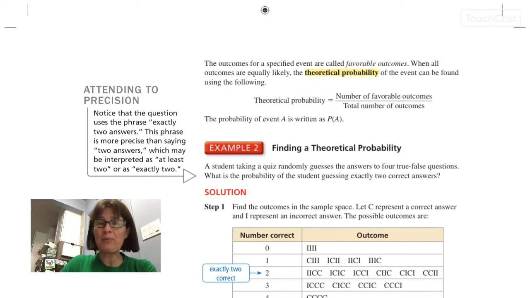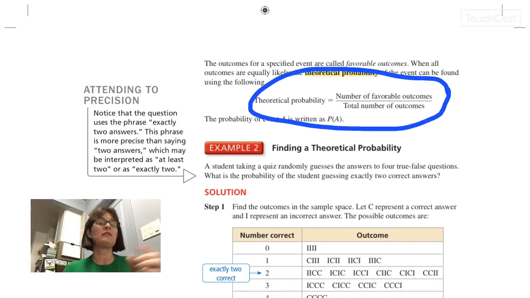We talked yesterday about probability, but the big idea being that if you want to compute the theoretical probability of an outcome, it's the total number of ways to get that outcome you want divided by the total number of outcomes.